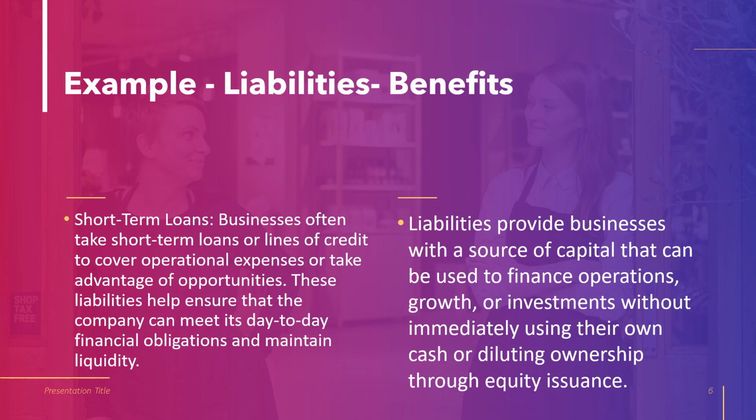Why do they borrow? To cover the operational expenses of the company or to take advantage of opportunities that they are getting. And these liabilities help the companies meet their day-to-day financial obligations and maintain their liquidity position.